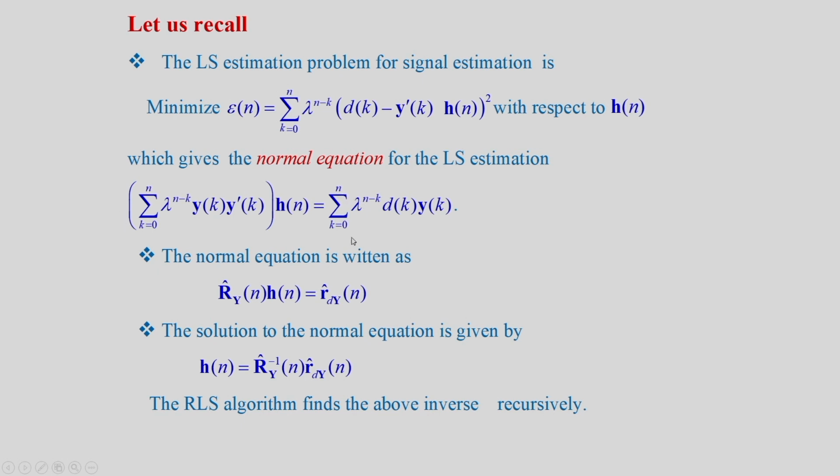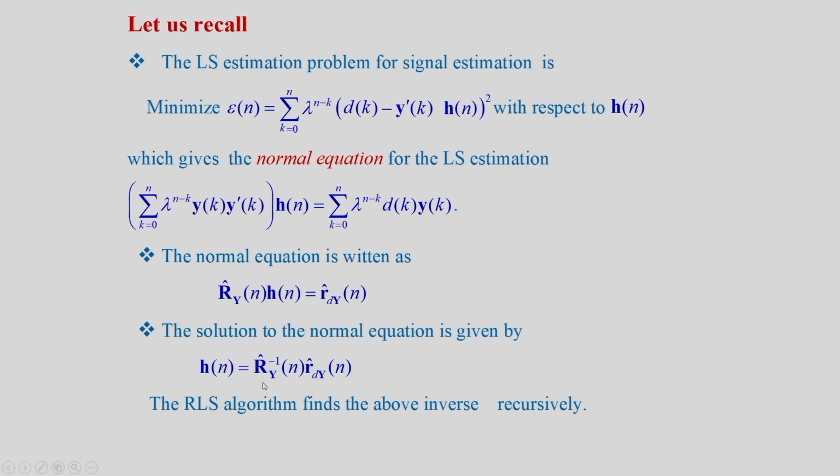In usual notation, we write this as r y hat n into hn is equal to r dy hat n. This is the normal equation, and we can solve it by matrix inversion. Hn is given by r y hat inverse n into small r dy hat n.